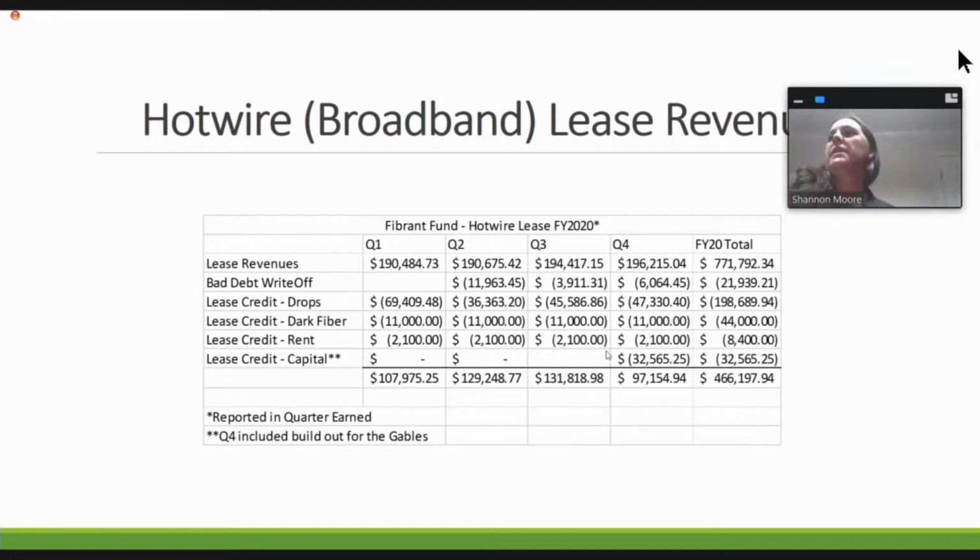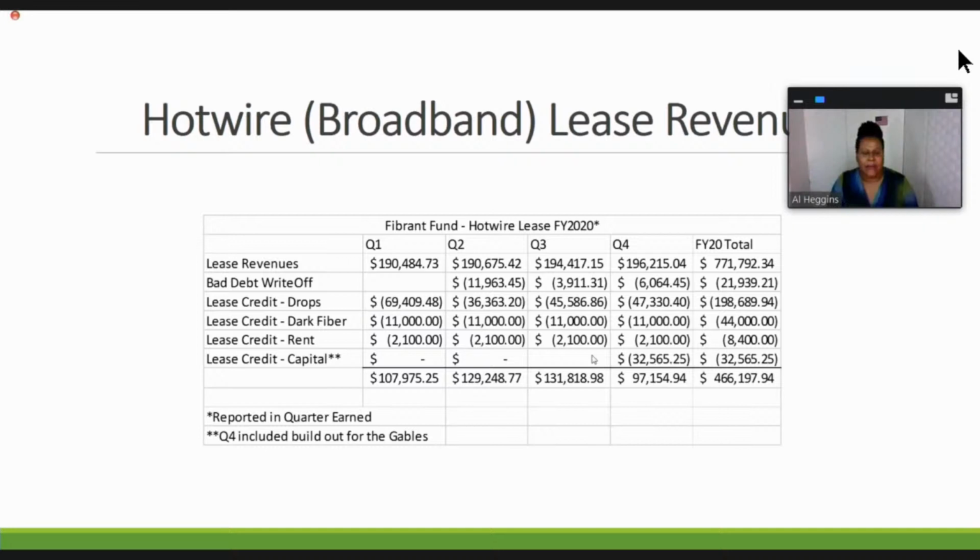It just depends on the estimate of the contractor that's hired to do the work. So this was the actual capital build out to extend the services to those areas. And then we would have drop connections, bringing the fiber into the home for each provider that subscribes to the service, which will then show up later here as a drop credit in future quarters.